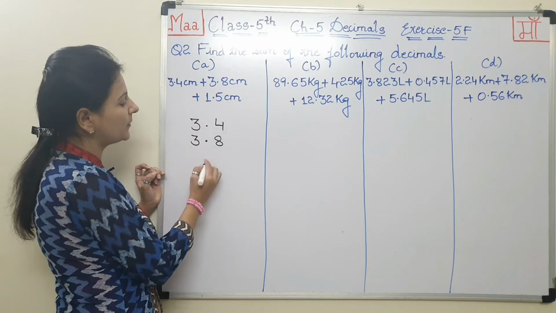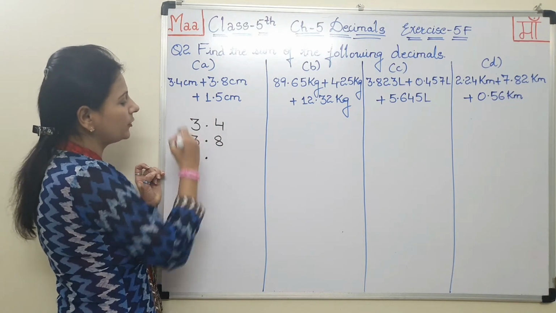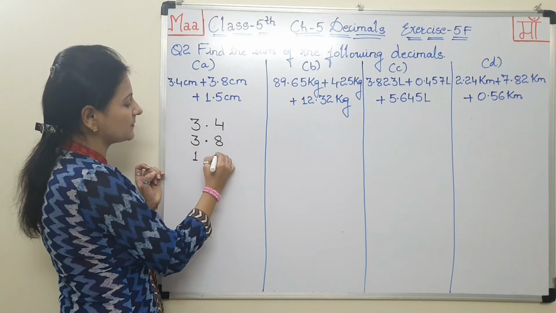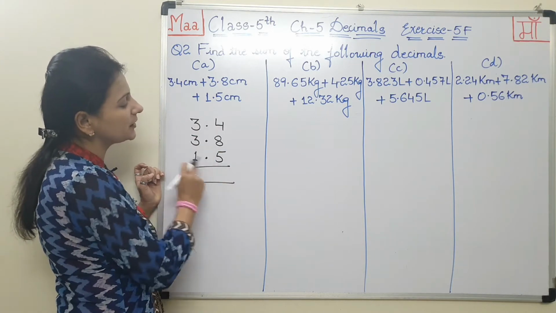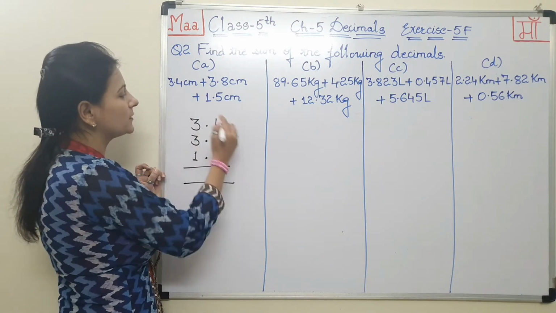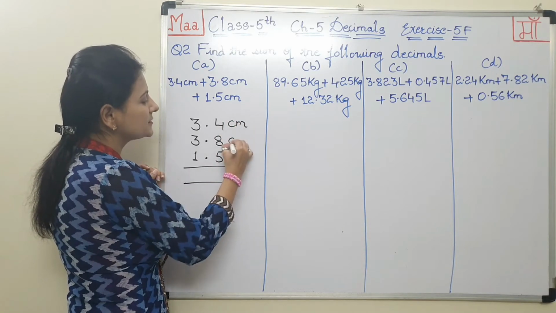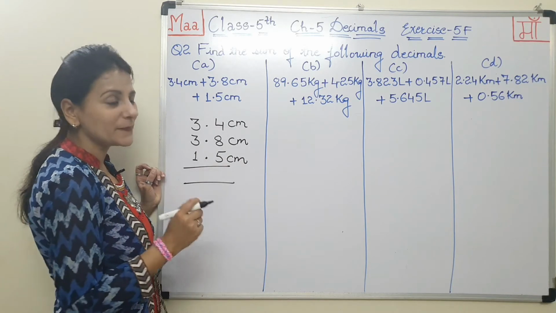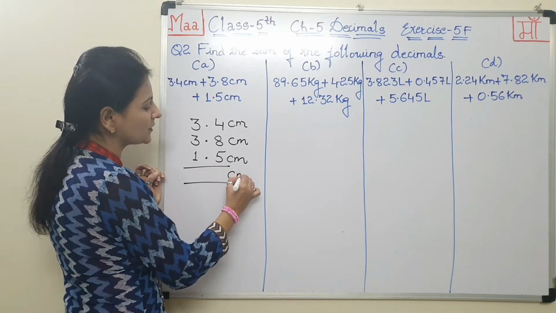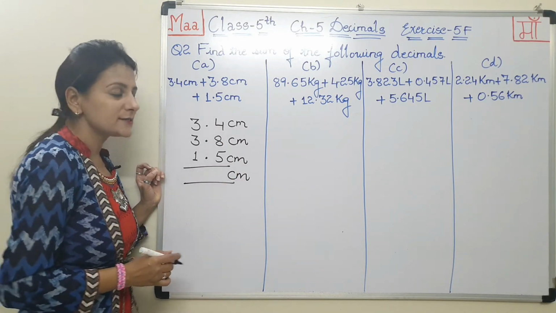Then third decimal number, put decimal firstly. Before decimal is 1 and after decimal is 5. So that will come after decimal. And all these three decimal numbers have the unit centimeter, centimeter and centimeter. So we will also put this unit compulsorily, and in the answer also we have to put this unit centimeter.